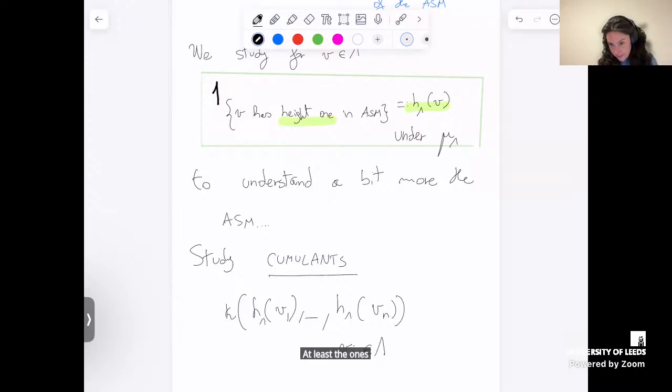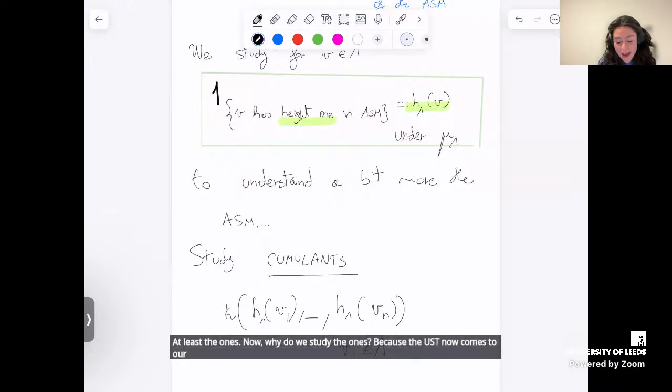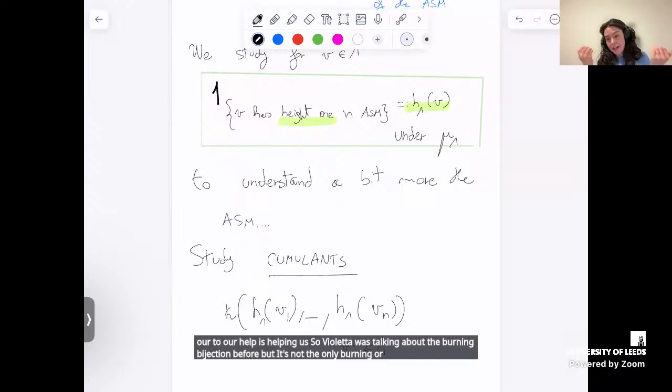Now, why do we study the ones? Because the UST now comes to our help. Wioletta was talking about the burning bijection before, but it's not the only bijection that you can find between the ASM and the UST.